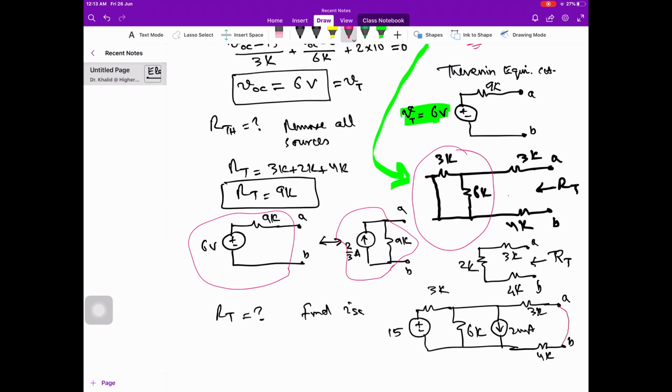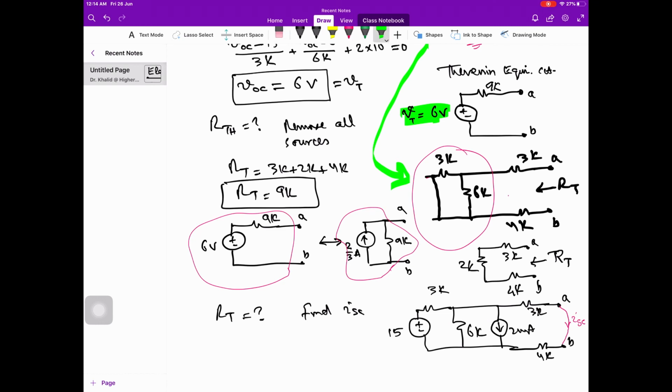Look at the circuit diagram. We have to find this current, I short circuit. In finding I short circuit, we can use loop analysis, loop 1 and loop 2 and loop 3, or we can use node analysis.